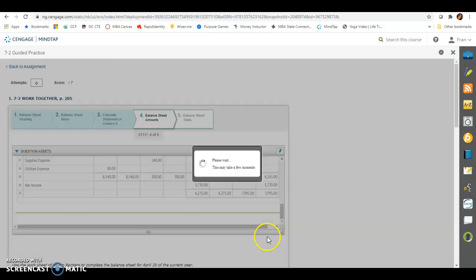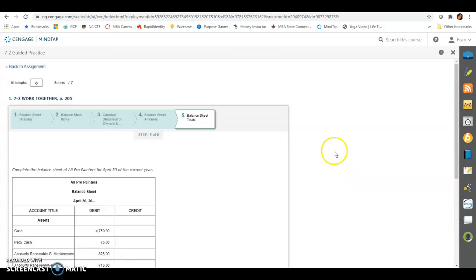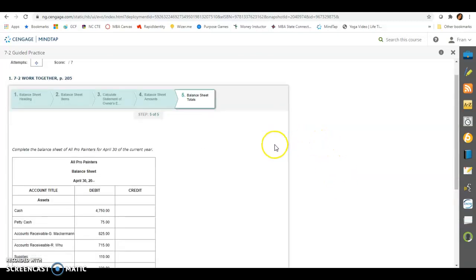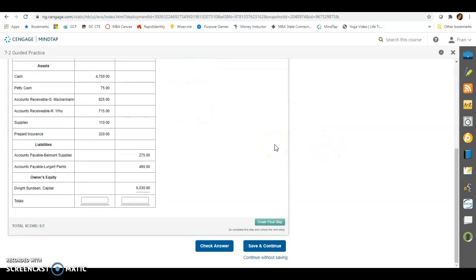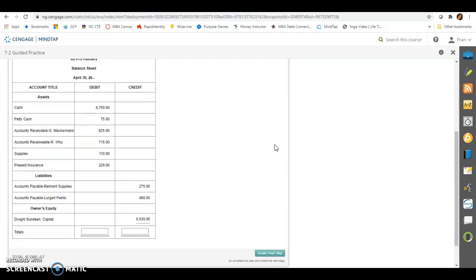All that was just bringing things from the worksheet over. Now we just got to total and make sure they balance, because remember, assets have to equal liabilities plus owner's equity. Our assets all together, I'm going to have to pause this while I add all this up. Okay, so I added it all up and I got $6,795.